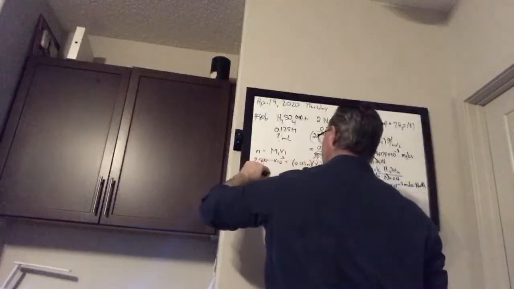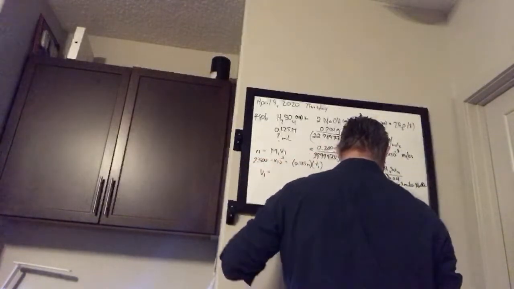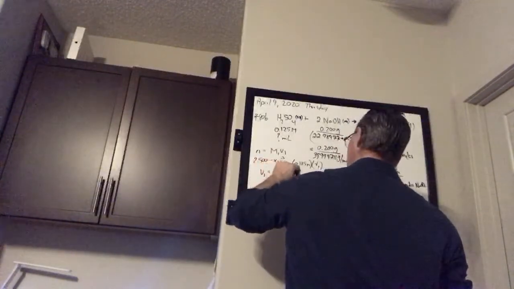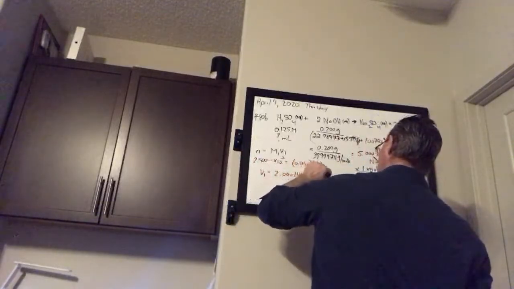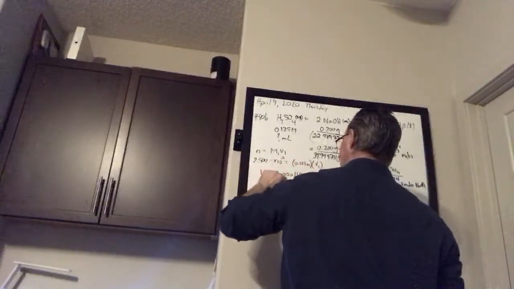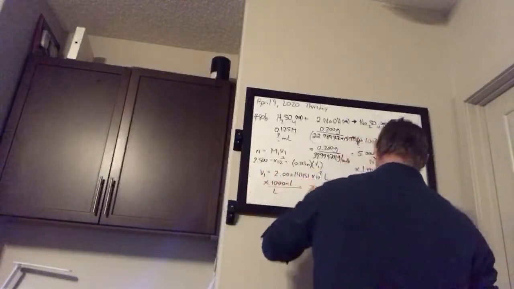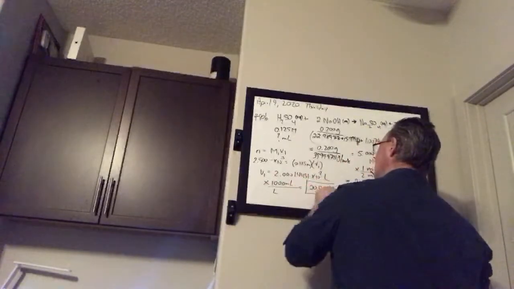So V1 ends up being 2.00014451 times 10 to the minus 2 liters, and you can convert that to milliliters by multiplying by 1,000, so that you'll get a final answer of 20.0 milliliters.